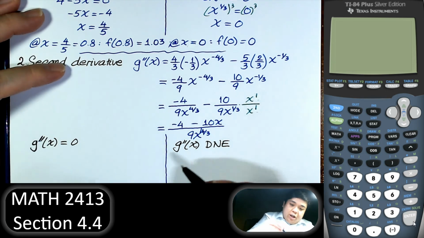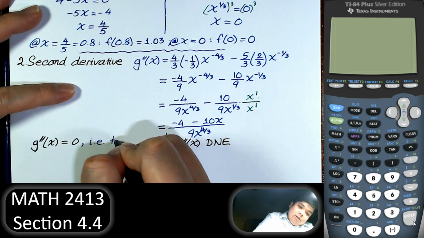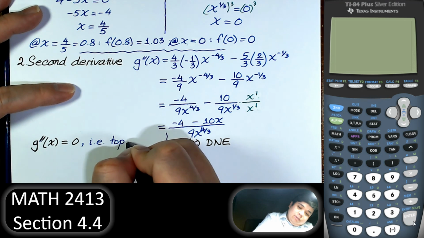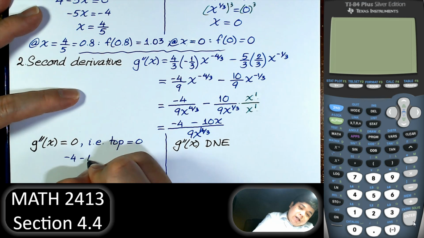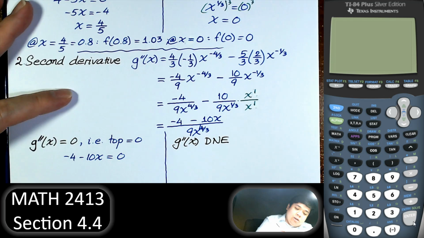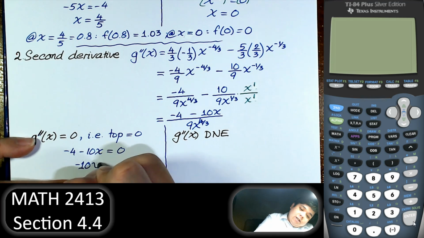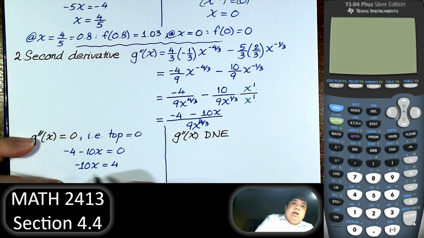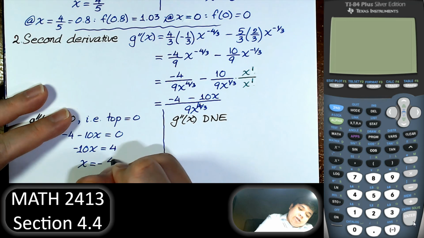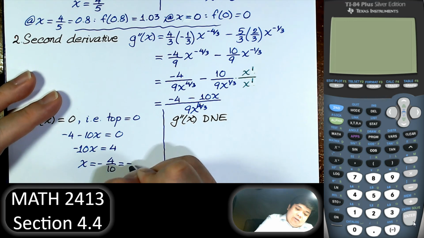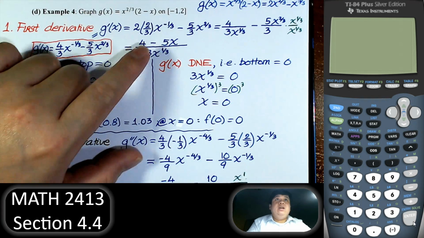When we have a fraction equal to 0, that means the top is 0. So negative 4 minus 10x equal to 0, and then negative 10x equal to 4. Divide negative 10 on both sides, x equal to negative 4 over 10, or negative 0.4, and that goes between negative 1 and 2.